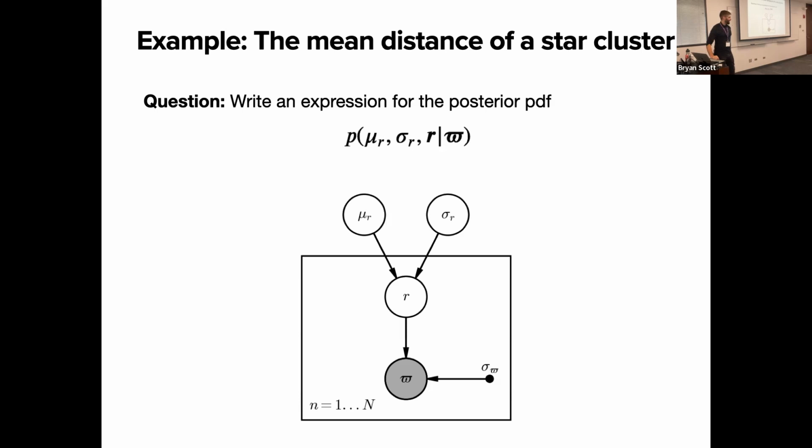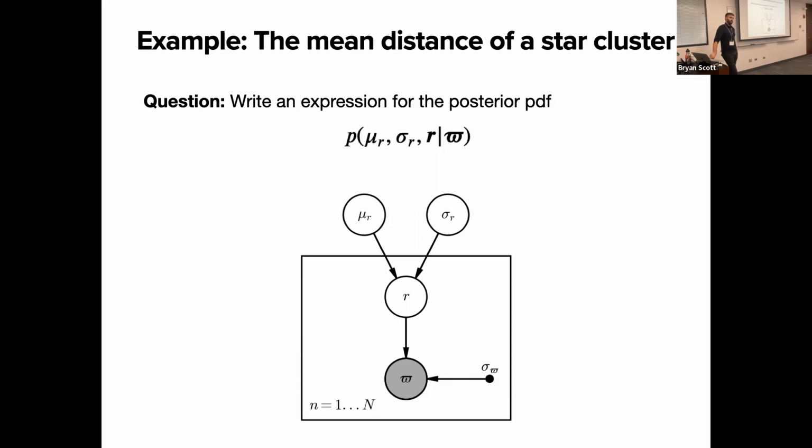Just to understand correctly, if R and parallax are connected through some Gaussian distribution, and we want to infer R, we have multiple R's, and they're going to follow some other distribution. Yep, it doesn't have to be Gaussian.